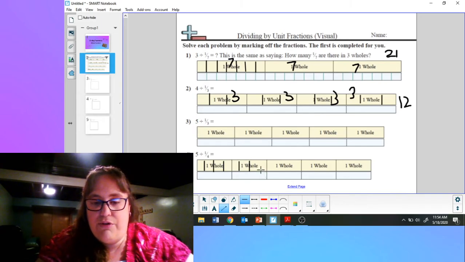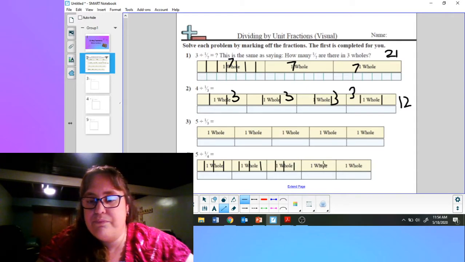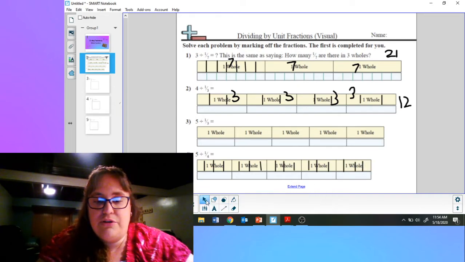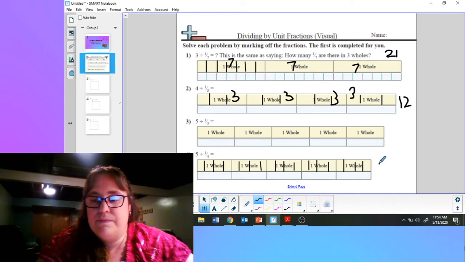Can I just write the number 4 over here? And I'm going to say, yes, I still want you to do your dividing. Show me, because you're making a mental picture in your head. So when I'm done, I'm going to have a group of 4. How many times? 5 times. So I can do my multiplying. 5 times 4 is 20. So I'm going to have 20 pieces of carrot sticks when you're done.